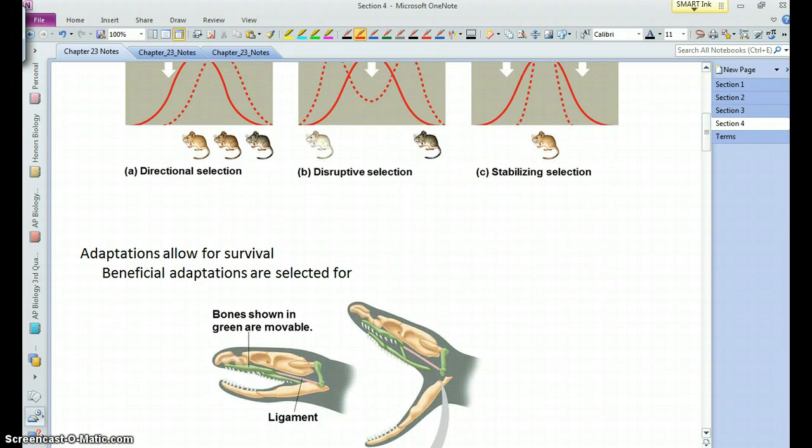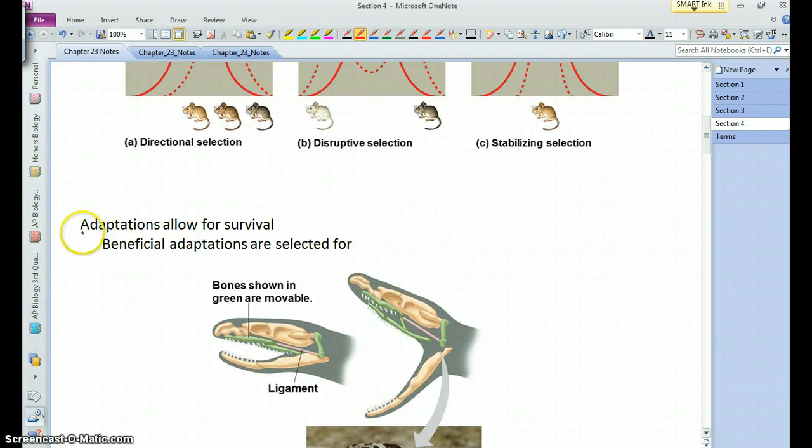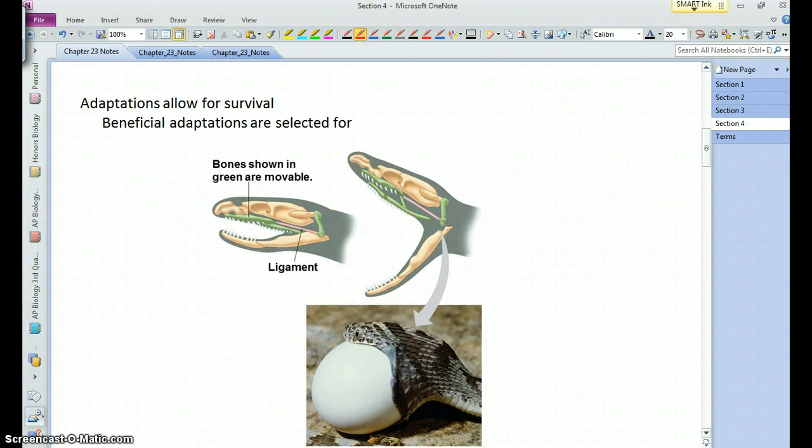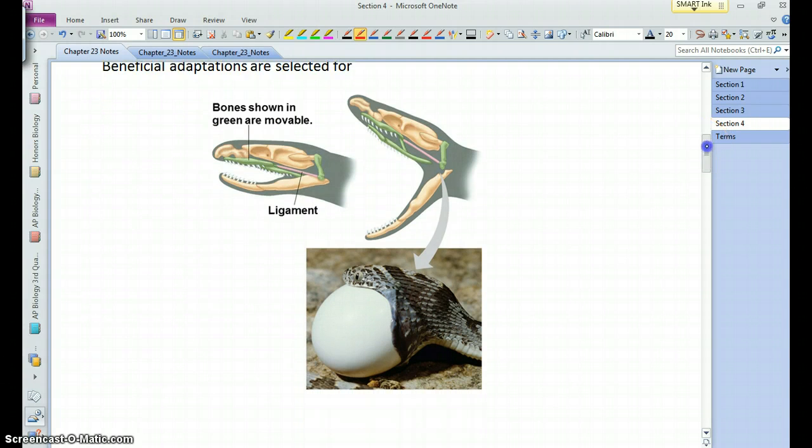All right. What helps with survival? Well, particular adaptations. Adaptations that help you fit in with your environment, help you survive. An example we're given in the book is in snakes, this mouth that can become unhinged, and the hinge can separate such that its mouth can expand quite dramatically, allowing it to eat these eggs.